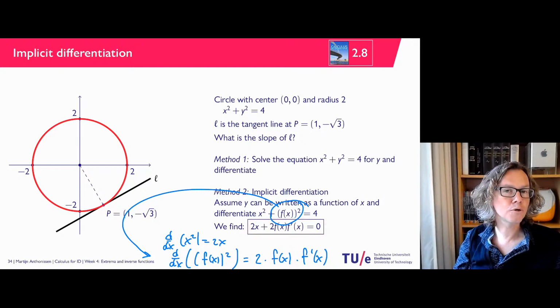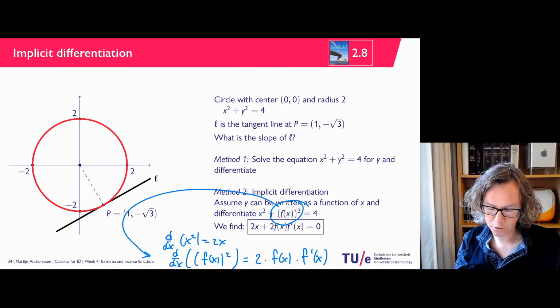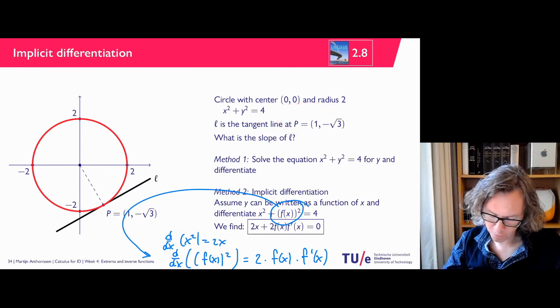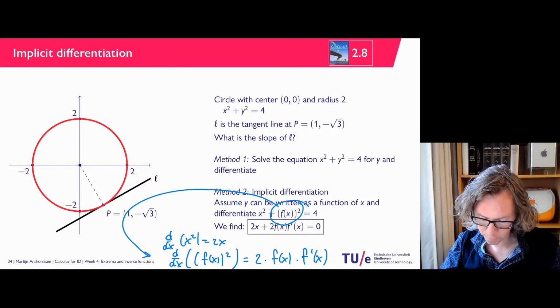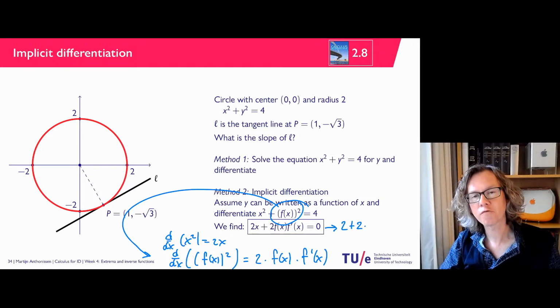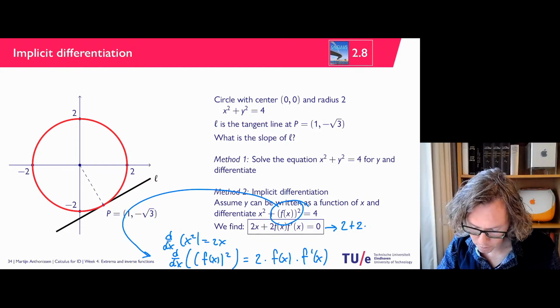And now you can plug in x equals 1, because that is the point we're interested in. So from this equation, I plug in x equals 1 and I find 2 plus 2 times f of x. Well, f of x, we're in the point minus square root of 3.